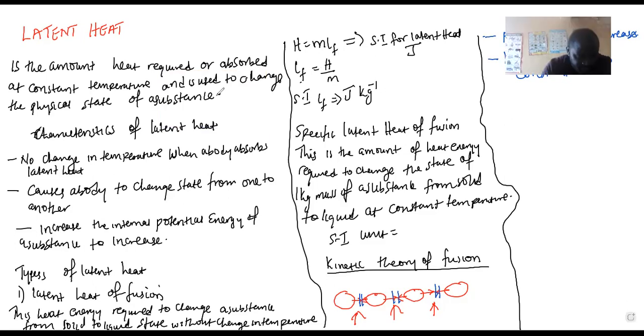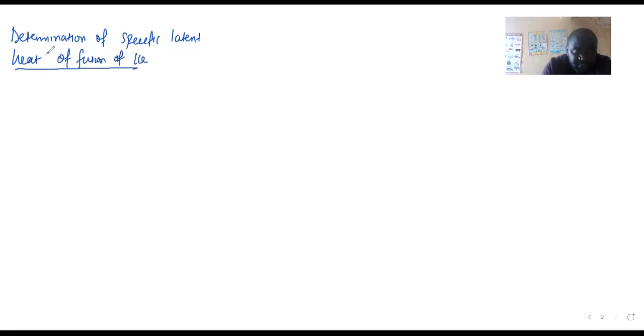Then, determination of specific latent heat of fusion of ice, whereby we can use, one, the electrical method.